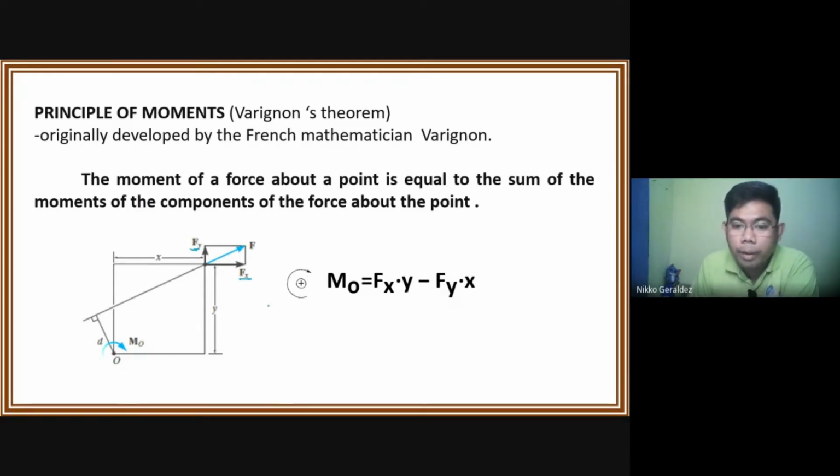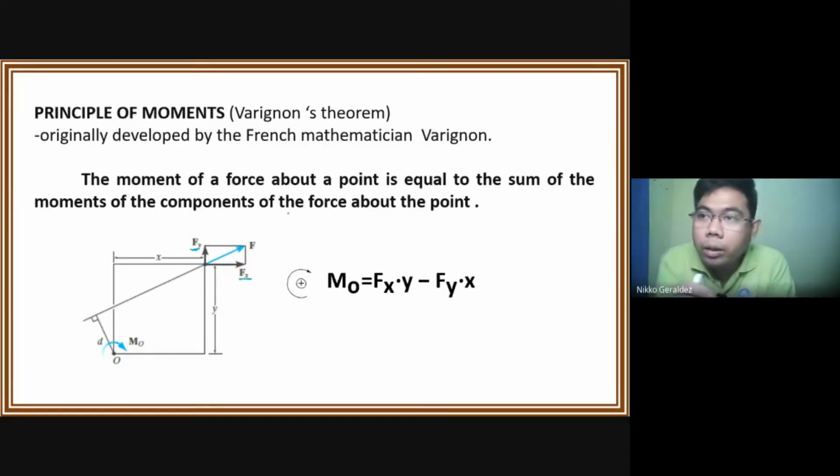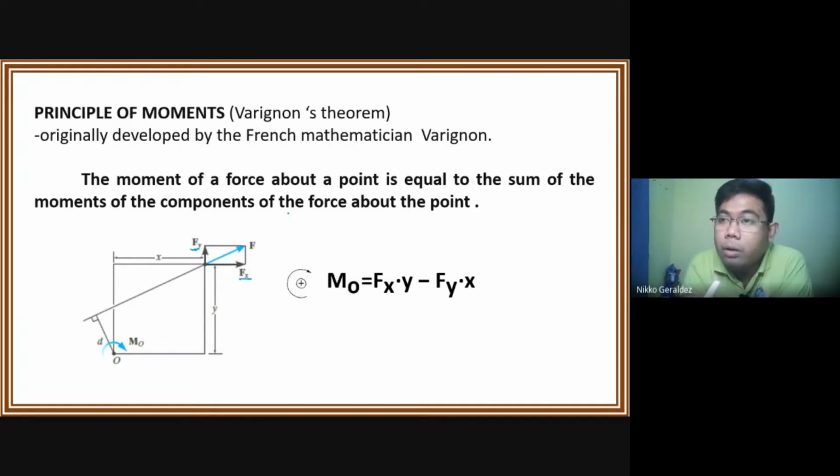Pag kinompute mo yung moment produced by the x and y components at kinuha mo yung sum of moments, that is equal to the moment of the force F. Ayun yung principle of moments.